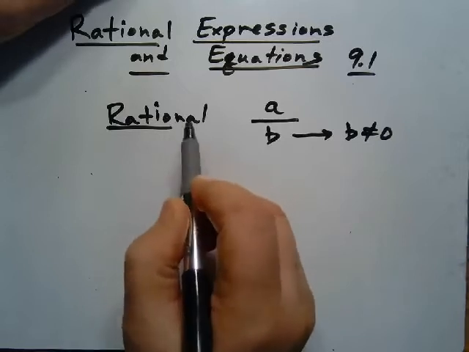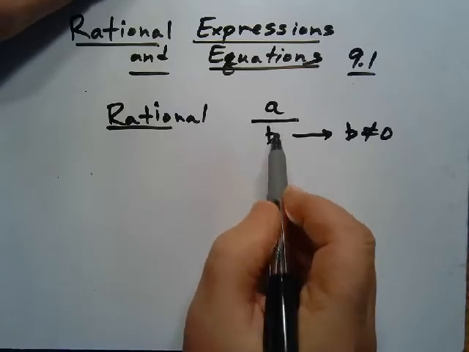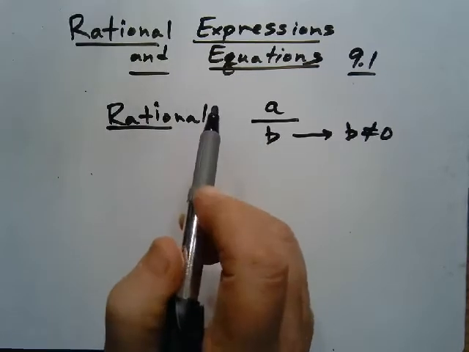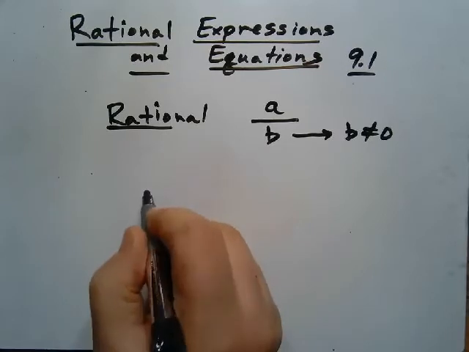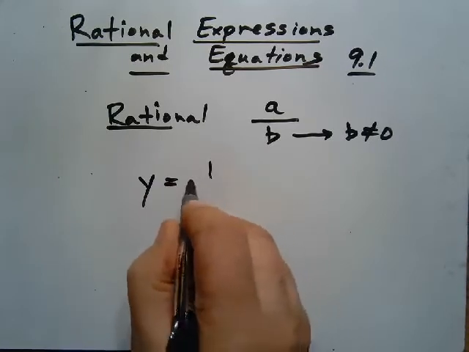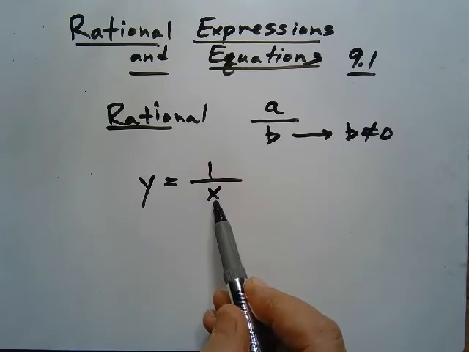So we're going to be dealing with expressions and equations that are fractions, basically. Rational, fractional, they almost rhyme. The simplest rational expression is something that looks like this, where the x is in the denominator.